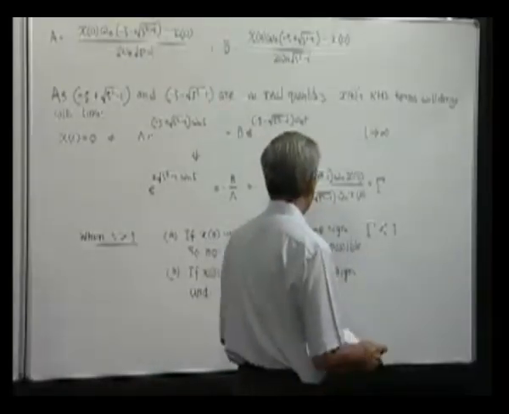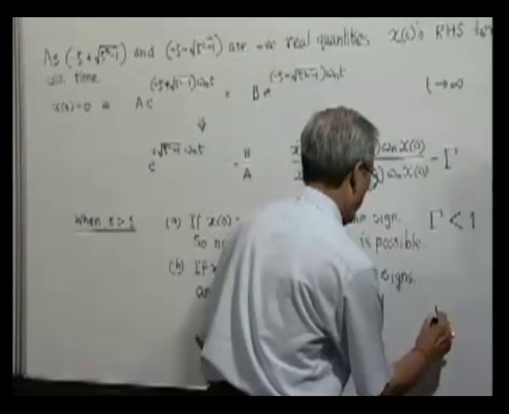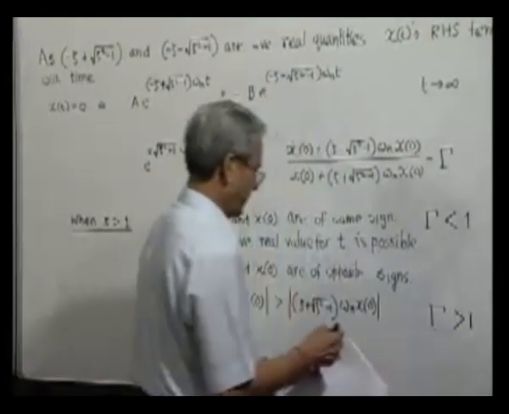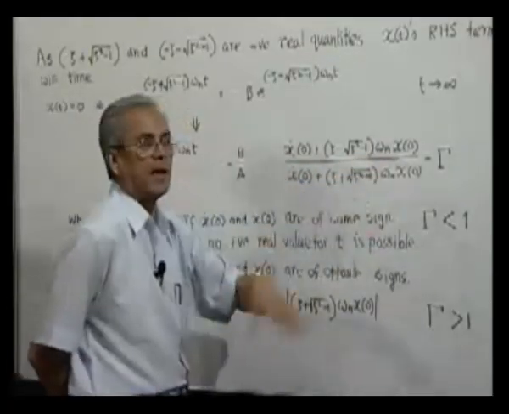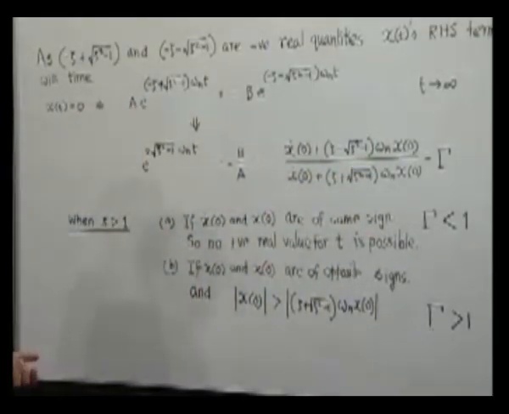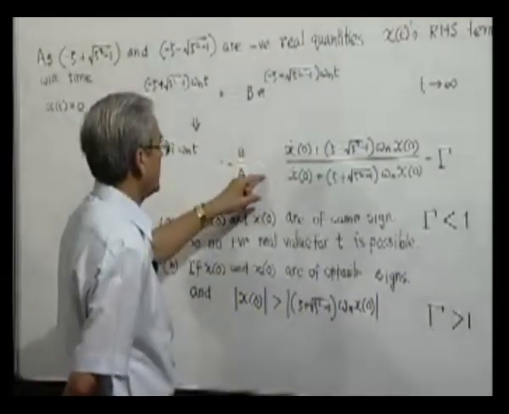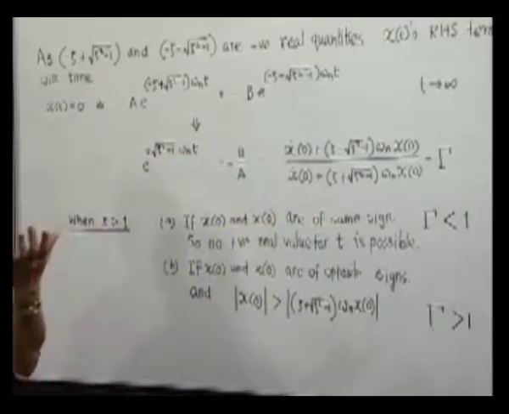So that means gamma will be more than 1. This is if x dot 0 is positive and x 0 is negative. Now if it is the other way around, if x dot 0 is negative and x 0 is positive, then we can take minus common here, this cancels, so ultimately we get again the same thing.